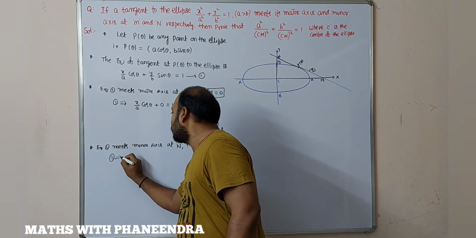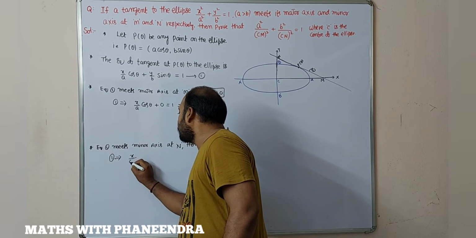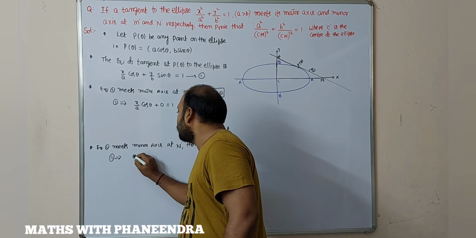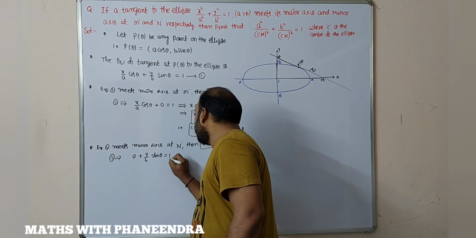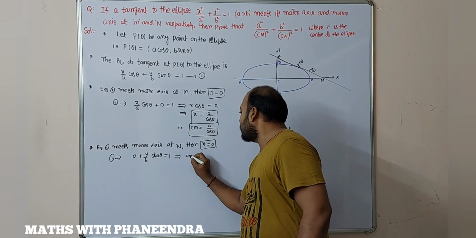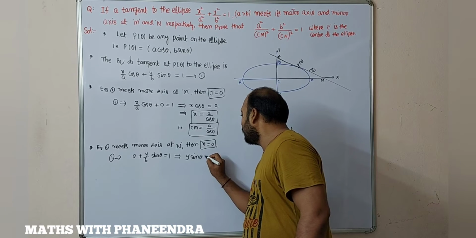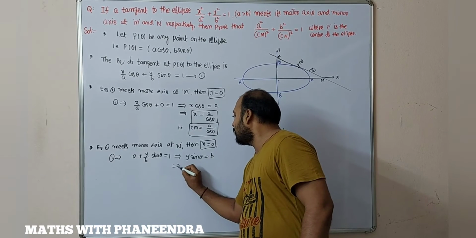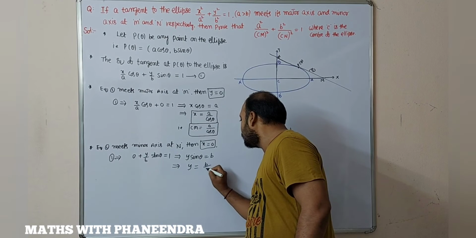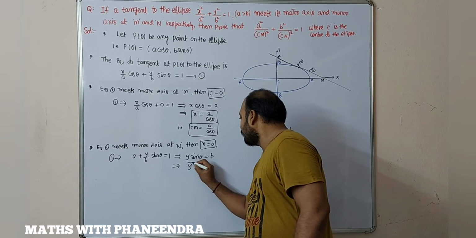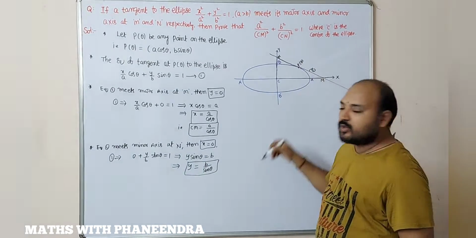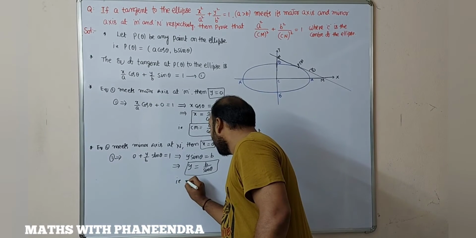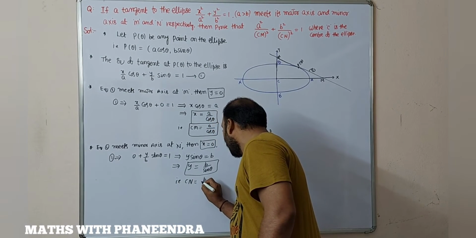Equation 1 implies that x by a cos theta, x value is 0 now here, 0 plus y by b sin theta is equal to 1. From this, y sin theta is equal to b, y as the subject, y is equal to b by sin theta. Here y represents the y coordinate, CN. That is CN is equal to b by sin theta.